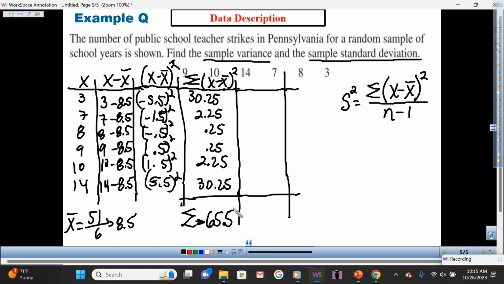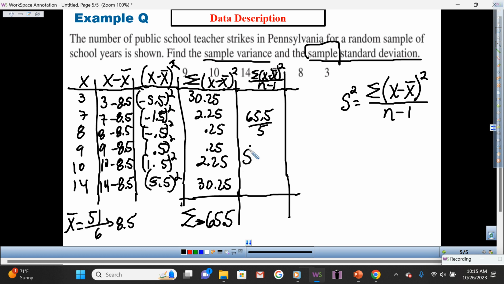Double check your computation. So now that we have the sum, what do we do with that, guys? So now, be careful, because now we're in sample. What do we do now? Divide by what? N minus 1. So there we're going to do the sum of x minus x bar squared divided by n minus 1. So you take this, 65.5, divided by n minus 1, which is, we have 6 numbers, minus 1, that's 5.